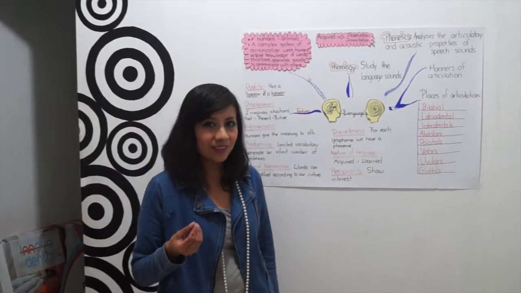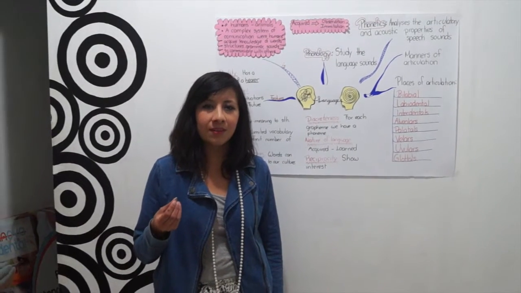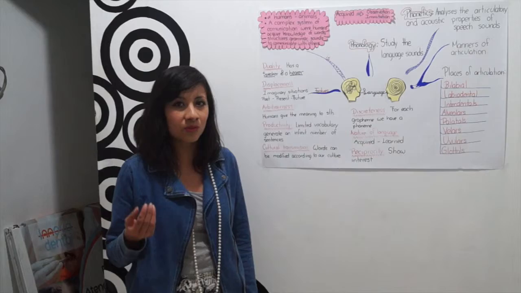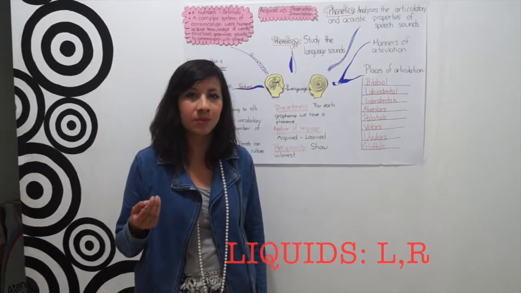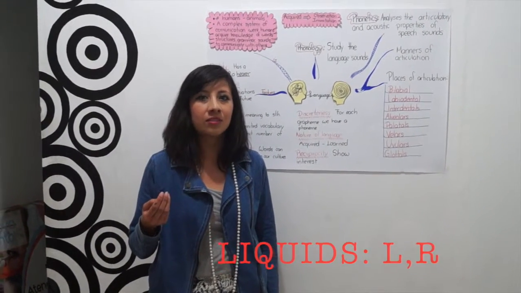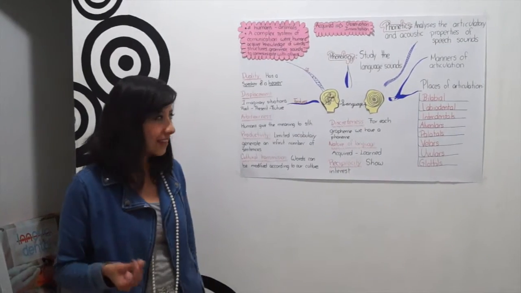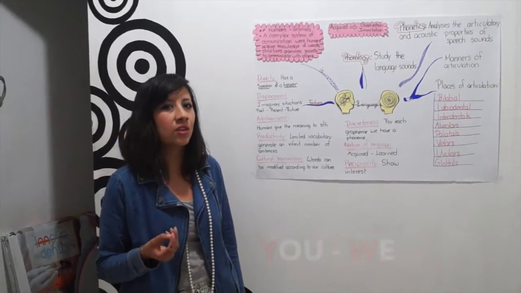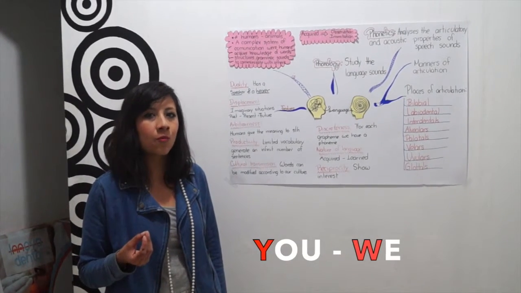And the liquids are when we have an obstruction but not enough to cause a constriction or a friction. For example, l or r. And finally we have the glides that are the initial sounds of you or we.